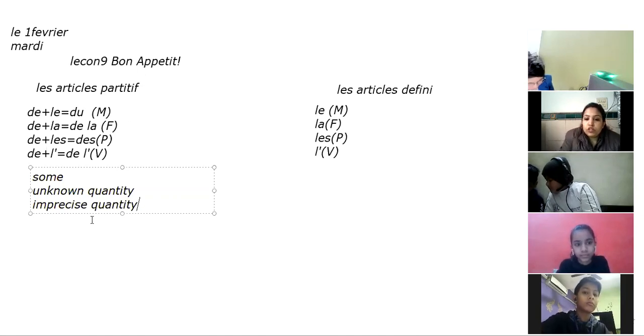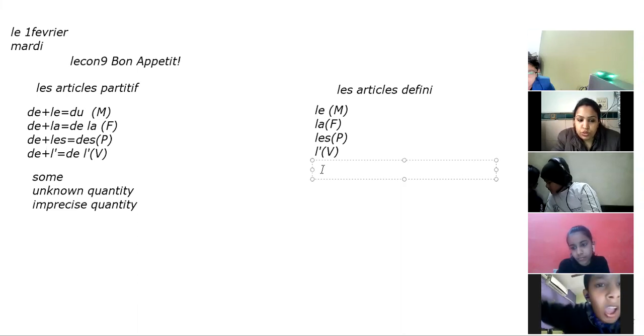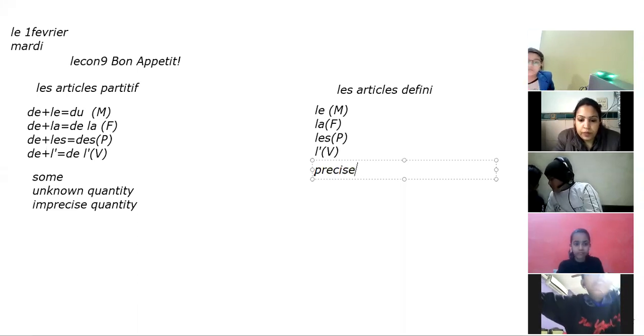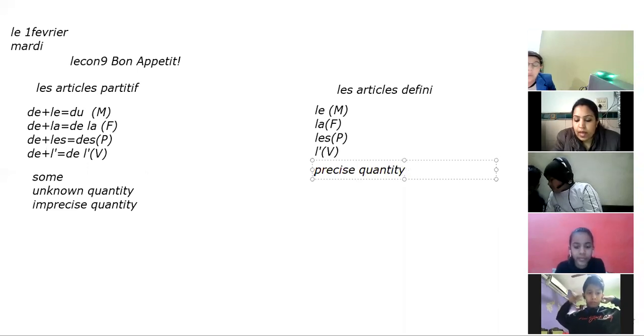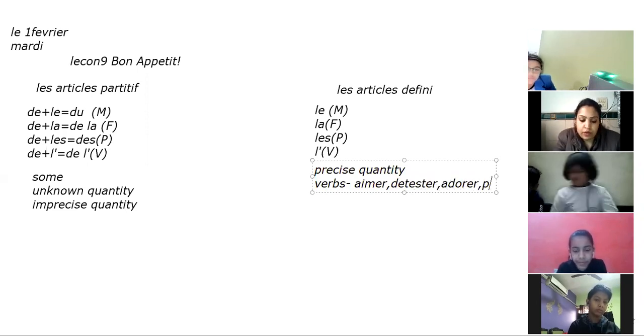Okay. Now, if I talk about the article défini, it means definite articles, which are basically used to denote precise quantity, and there are few verbs with which we use article défini. Okay, what type of verbs are they? Aimer, one is détester, one is adorer, and the last is préférer.